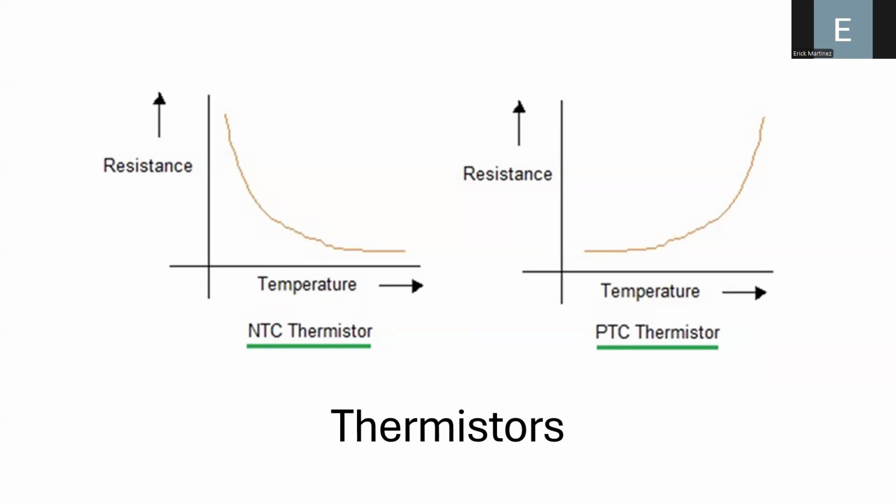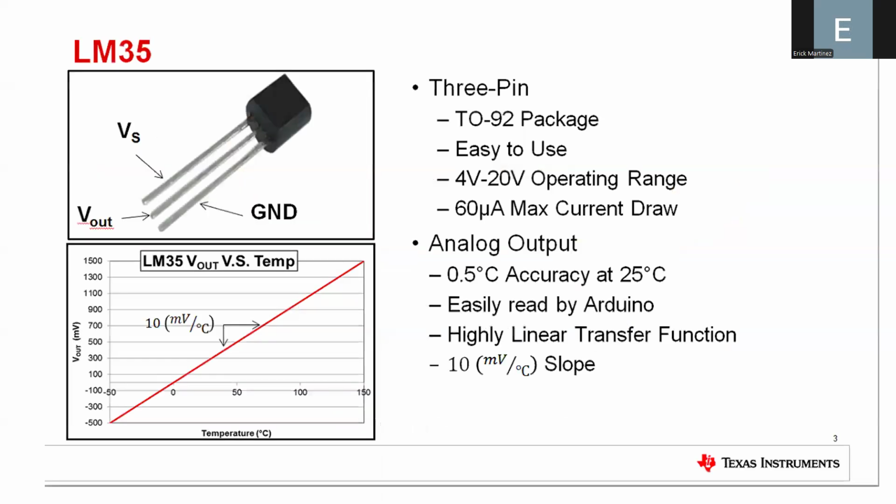Also notice that there is a problem with the thermistors: the relationship between temperature and resistance is not linear. And that is a problem because you need to calibrate the sensor. You need to find a coefficient in order to correlate the resistance with the temperature changes. But making this calibration is a little bit tedious or challenging.